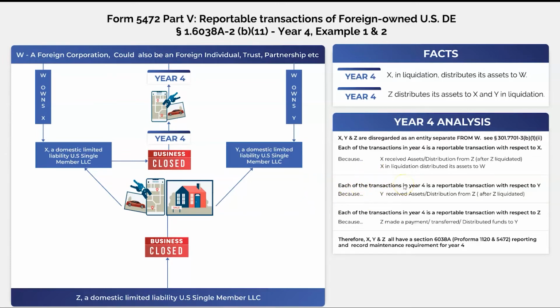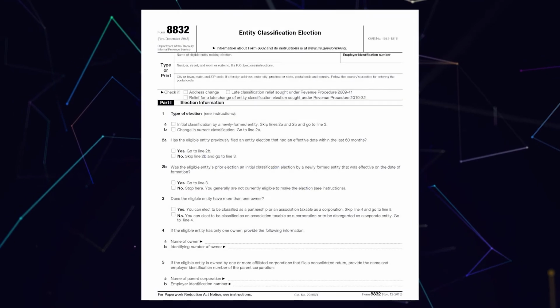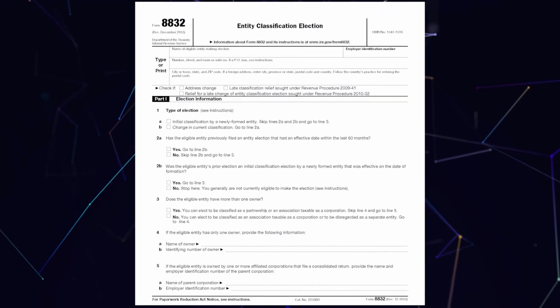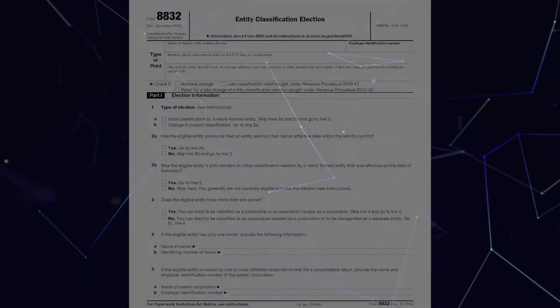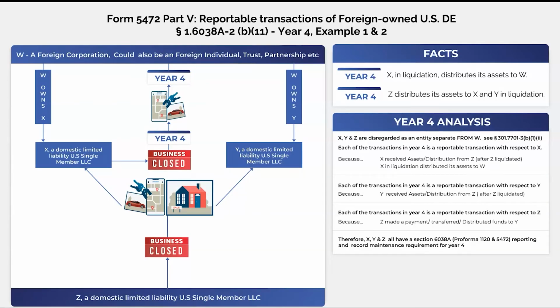If you want to be a full-blown corporation, you file Form 8832 to be a corporation. If you have not taken affirmative steps to make that election, then you're not a taxable corporation. You're just a corporation for information return purposes only. And so that distinction is also important.